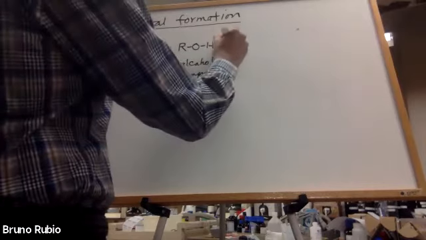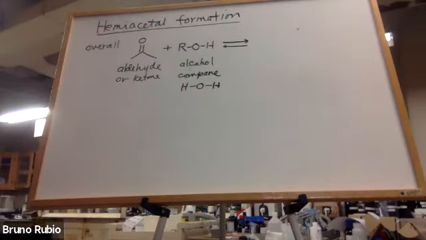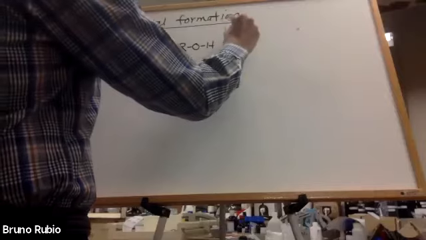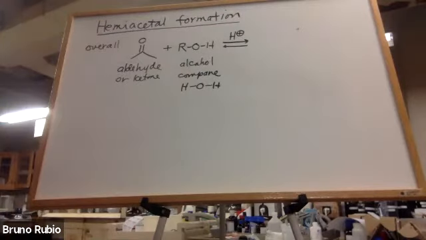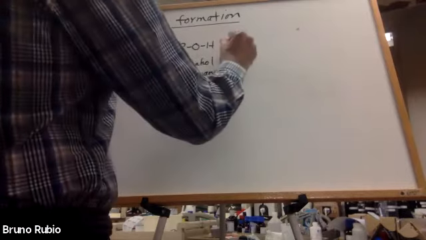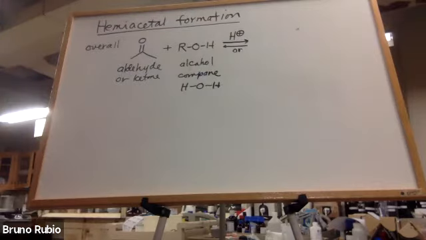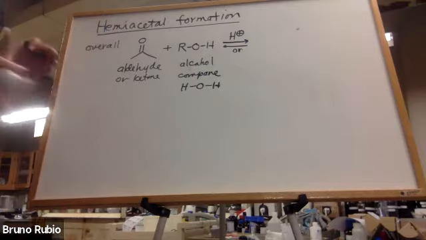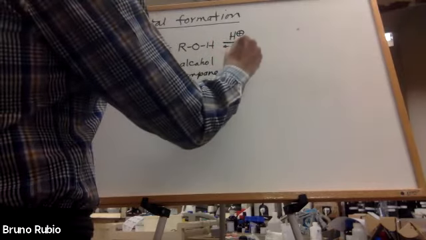The reaction is once again reversible. It happens under acidic conditions or basic conditions. So when the reaction is under acidic conditions, you're going to see an H plus above the arrow. It's exactly the same thing as we saw with hydrate formation. But now, when the reaction conditions are basic, instead of seeing OH minus, what you're going to see is OR minus.